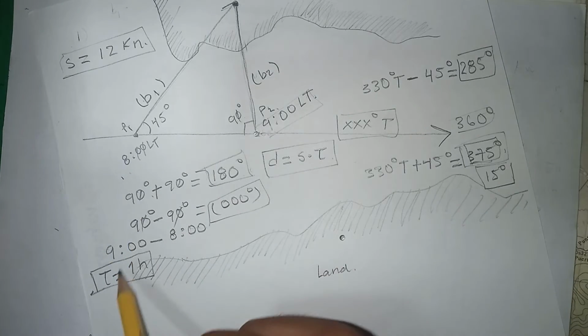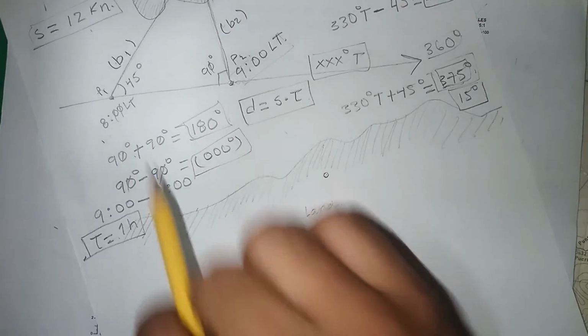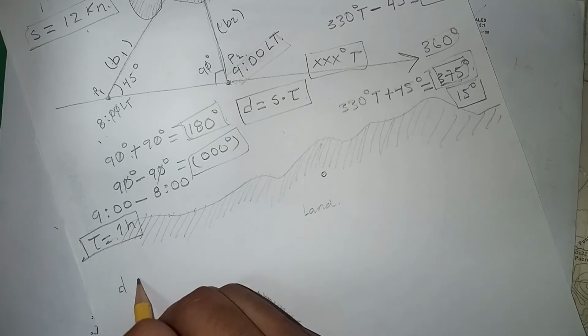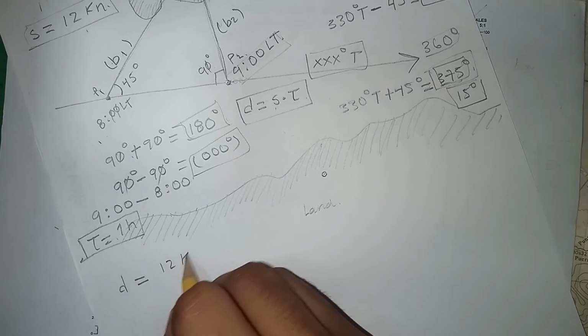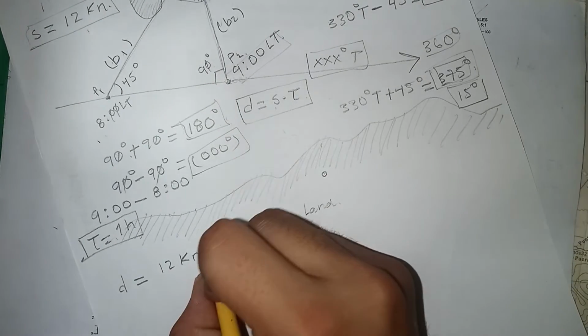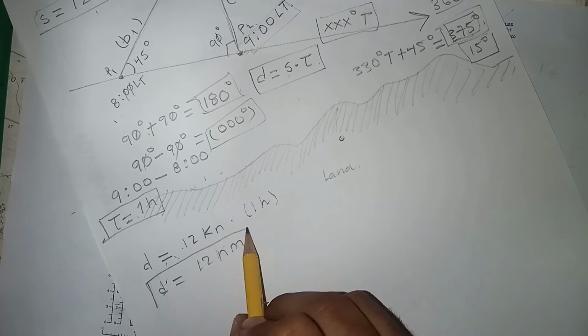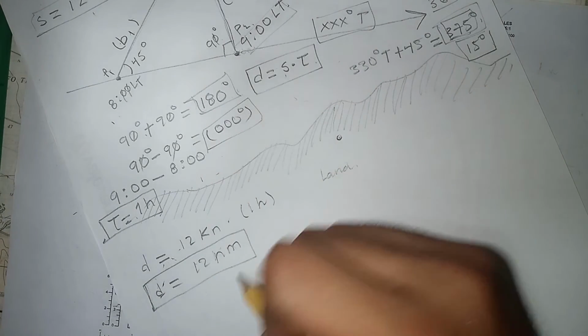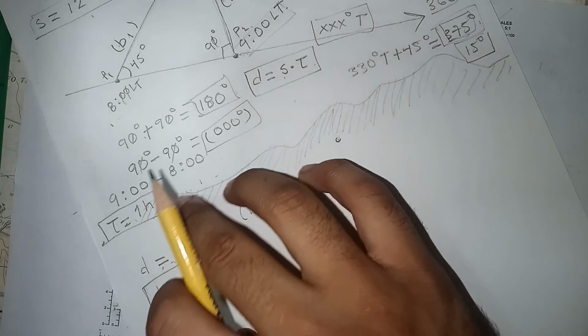Well, then using this, we can calculate the distance, and the distance is going to be the speed, 12 knots, multiplied by the time, 1 hour, and the distance was 12 nautical miles.